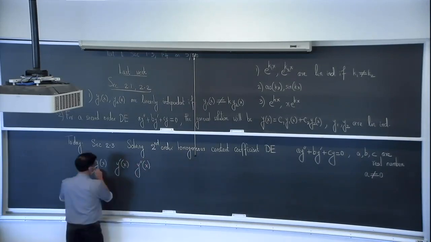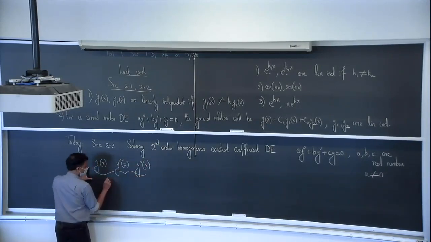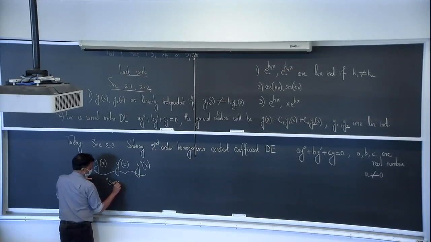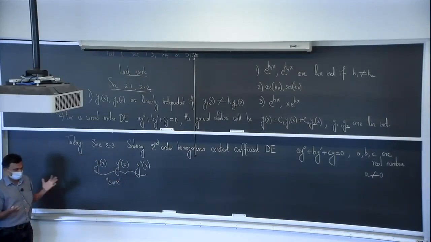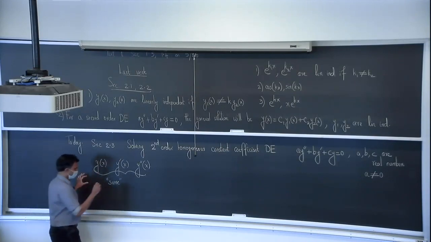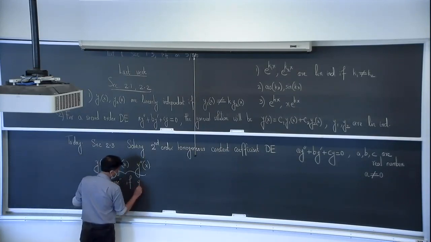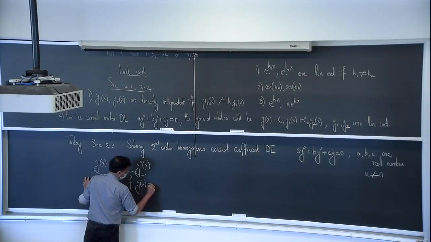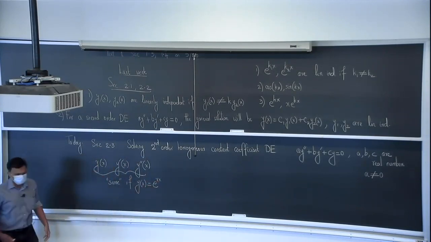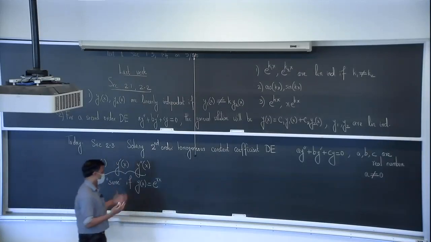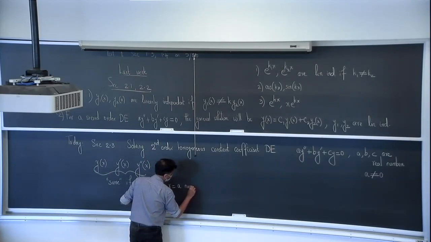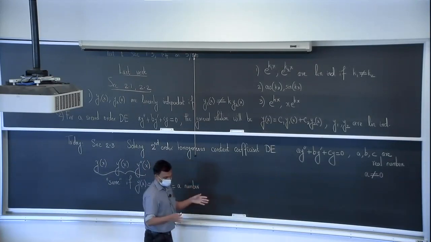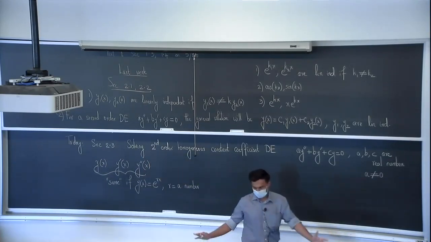So these will be the same. We put "same" within quotes because there could be a constant. That's fine. These are the same if we pick y of x to be some exponential function, e to the power of rx, where r is just a number.